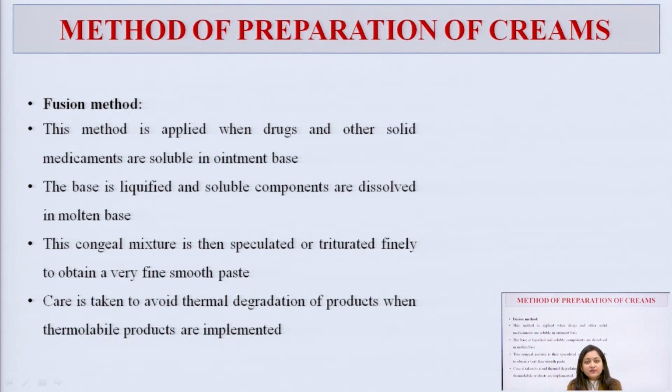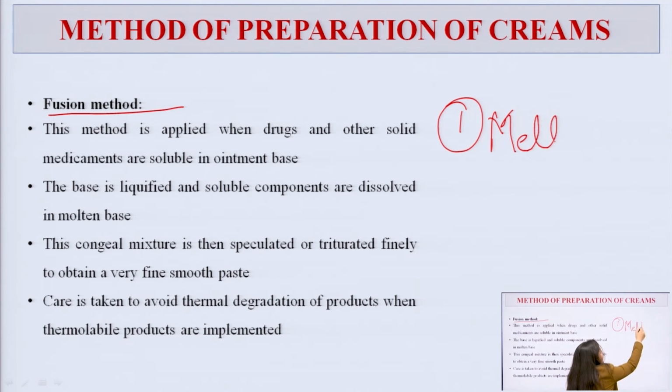Now, the next method is the fusion method, which is also a method used in the preparation of ointment as well. When we are using fusion method, it is very easy and very important for us to understand the basic steps of fusion method. The very first thing that we are going to do is we are going to melt the base. Now the base can be of any choice.